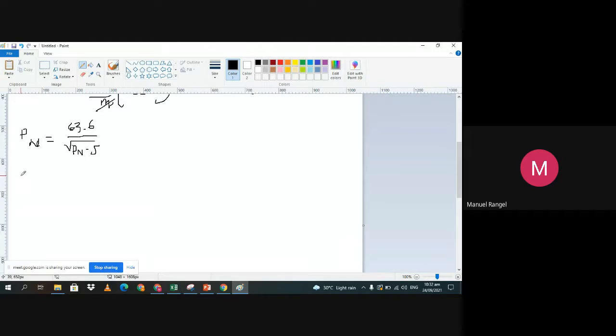So i-transpose nato ang Pn, is another solution. It's equal to 63.6. Okay. Para ma-remove ang square root sa kanina side equation, so we will square both sides.